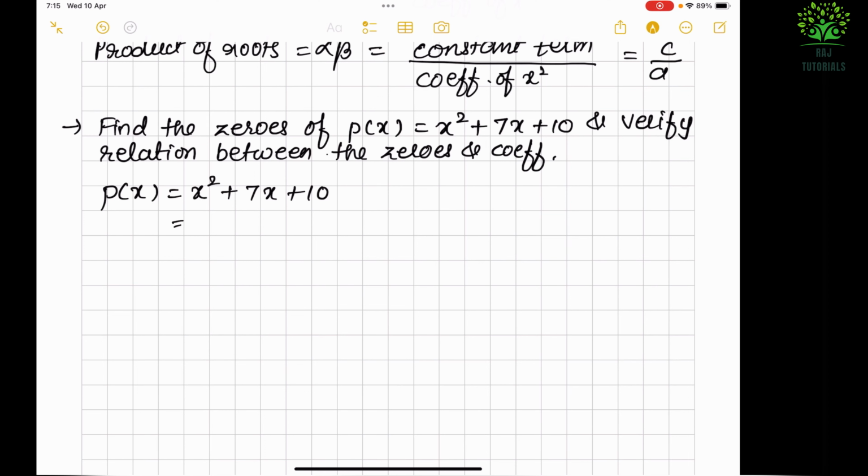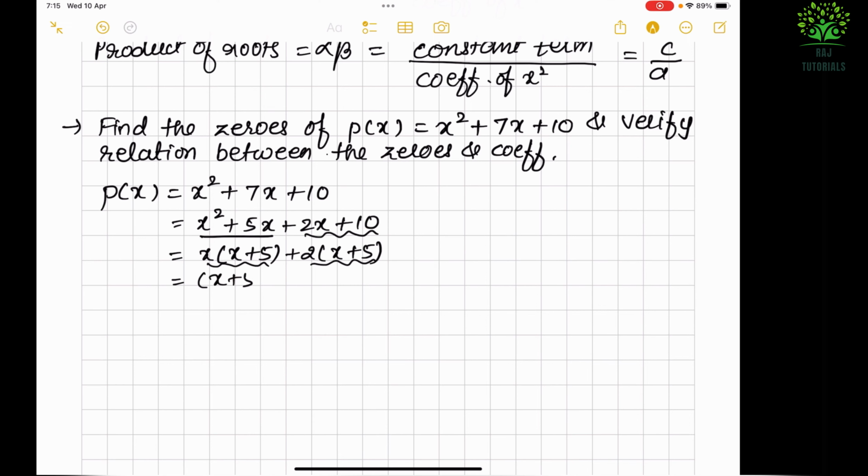So first I am splitting the middle term to get x square plus 5x plus 2x plus 10. Now from the first two terms I am taking x common, so x plus 5. From the next two terms I am taking 2 common, so x plus 5. Now from both the terms I am taking x plus 5 common, so I will get x plus 2.